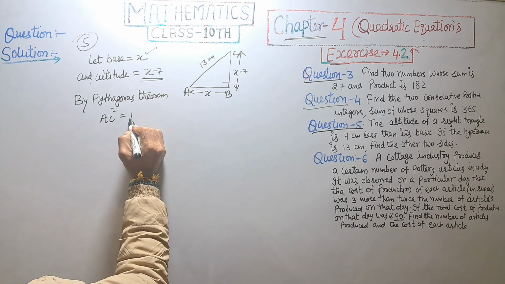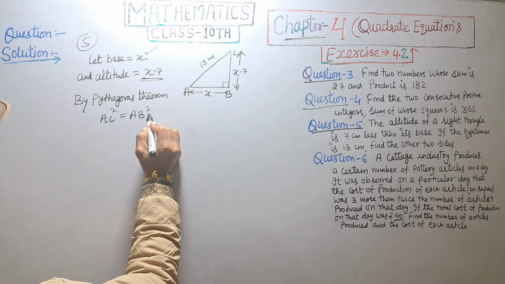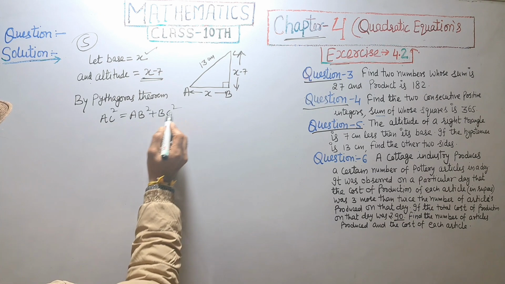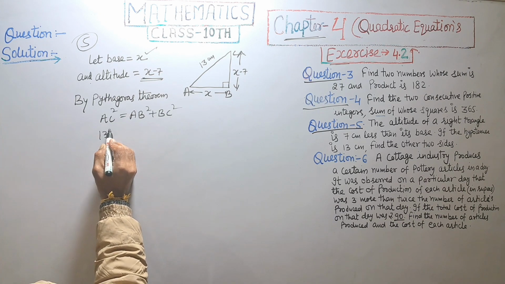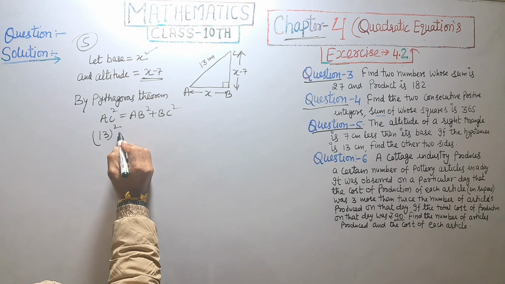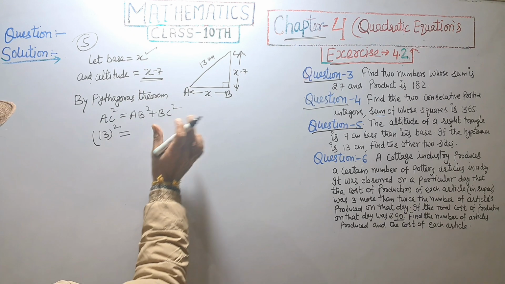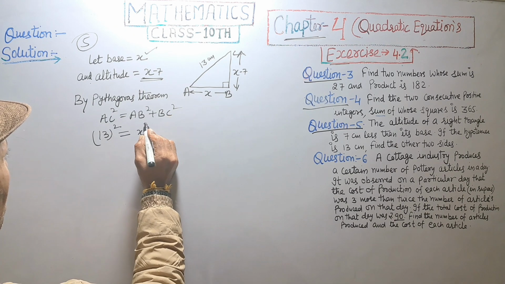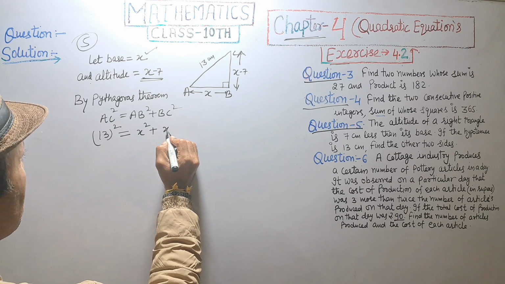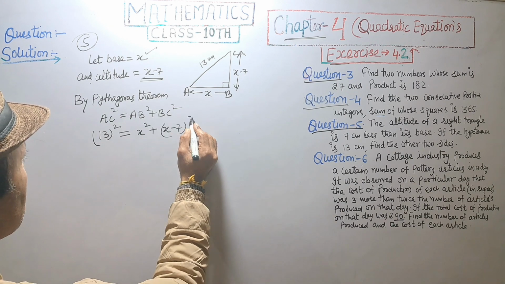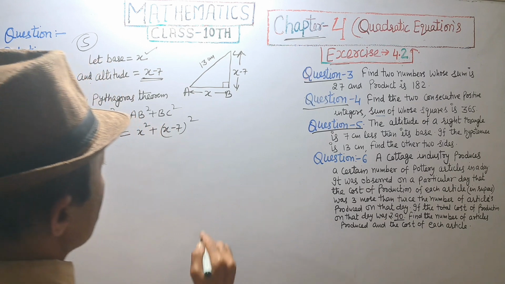AC squared is equal to AB squared plus BC squared. AC is 13, so 13 squared equals x squared plus (x minus 7) raised to power 2.